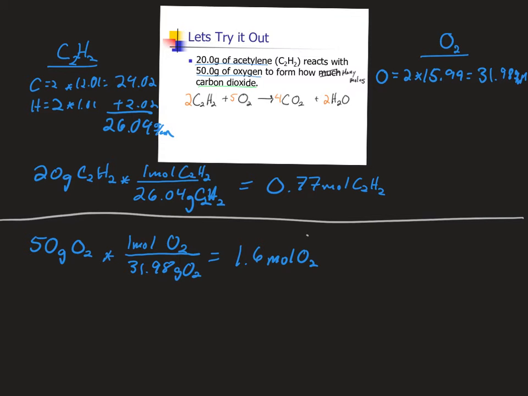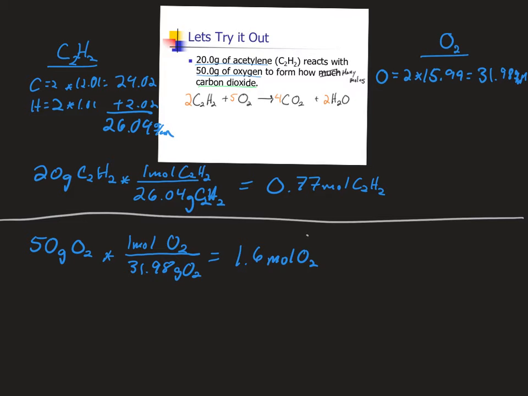Now, there are some problems that I've seen in the past where reference material takes this and converts it into moles of oxygen, and converts that into moles of acetylene, both at the same time, and then you do your comparison.